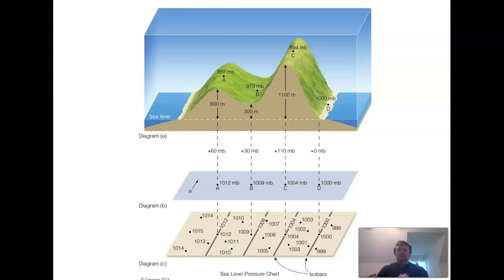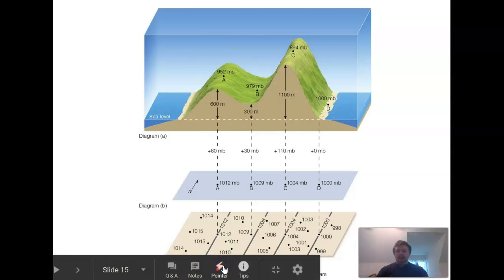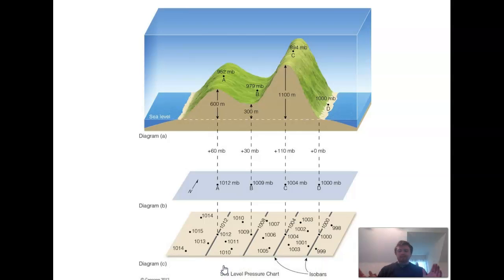I want to pick back up where we left off, which was talking about air pressure and winds. One of the trickier things that we have to do here is really understand what we're looking at when we look at some of these different maps.